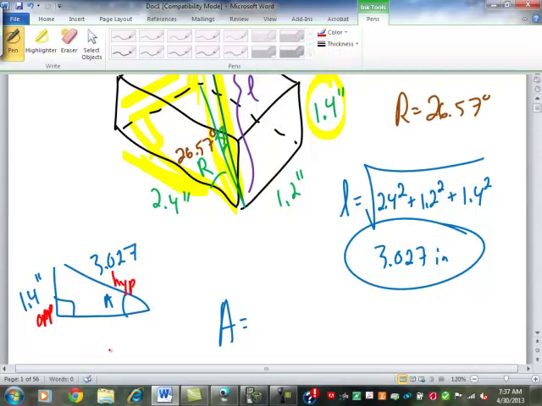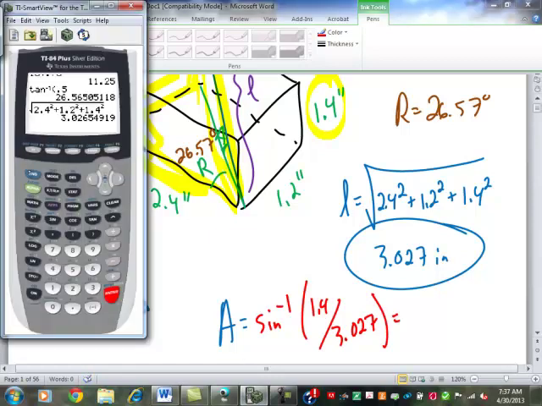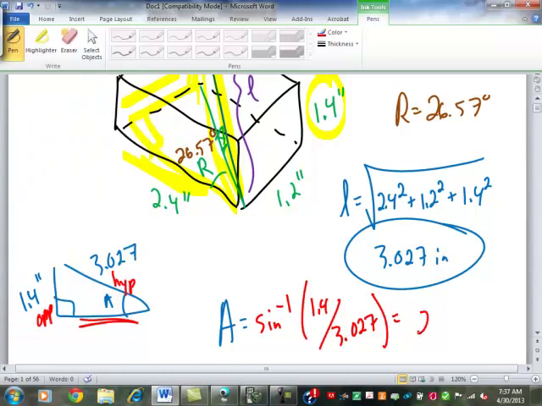This one's the hypotenuse. The adjacent would have been this one down here. Opposite and hypotenuse make sine. So since we're looking for an angle, it's an inverse sine of opposite over hypotenuse. So second sine 1.4 divided by the previous answer. 27.55 degrees.